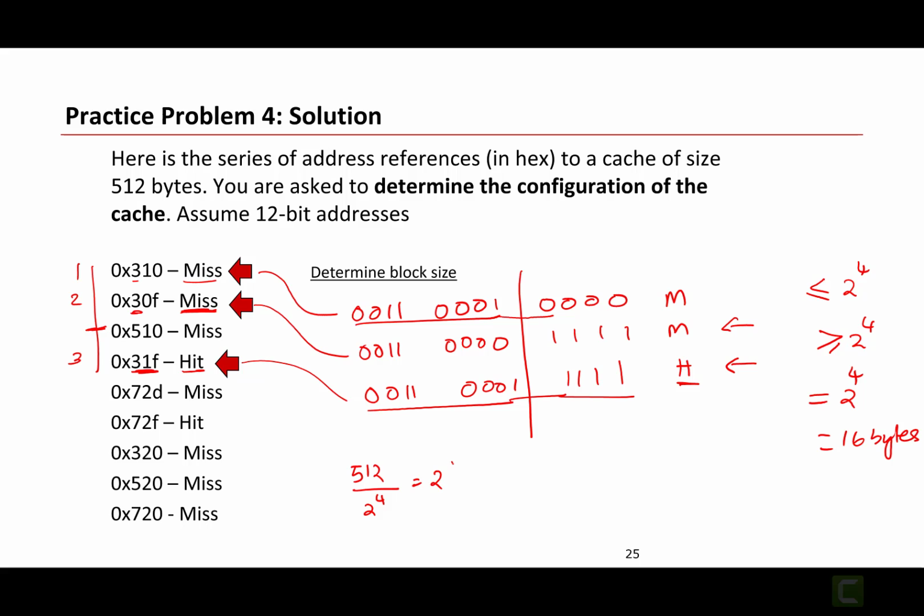That is 2 to the power of 9 divided by 2 to the power of 4, so that is 32 lines. So your cache has 32 lines: a 512 byte cache, because each block size is 16 bytes, gives you 32 lines.